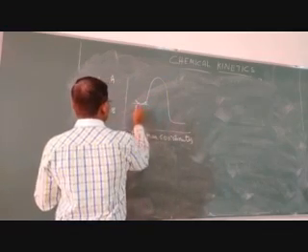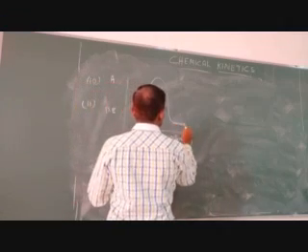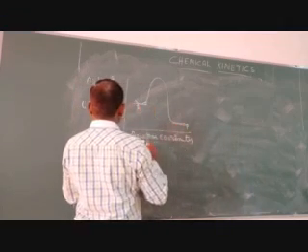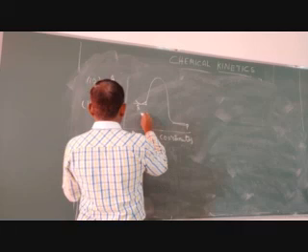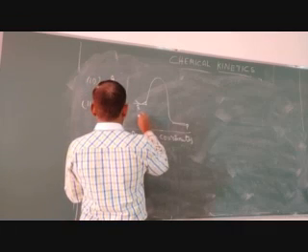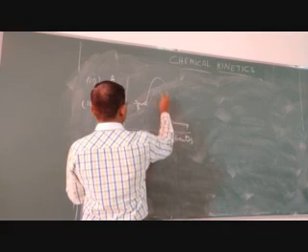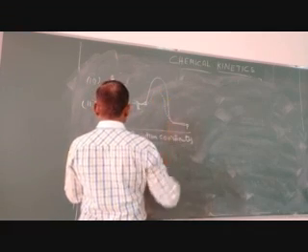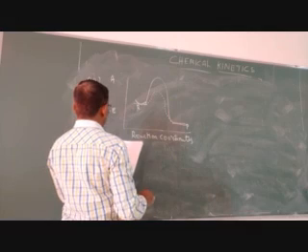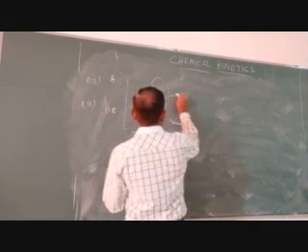So these are the reactants, these are the products, and one more curve is also given, a dotted line curve. So now this is a reaction path with catalyst.